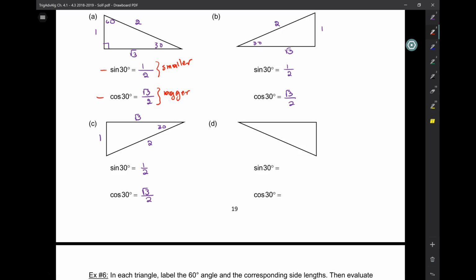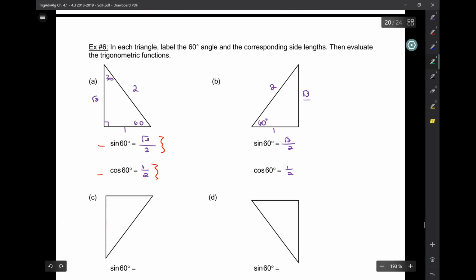So we only have two possibilities for sine and cosine of 30 or 60, and one is bigger and one is smaller. So here's how we reason it out even further. Look at 30 degrees. Smaller angle, right? It gets the smaller sine. Look at 60 degrees.